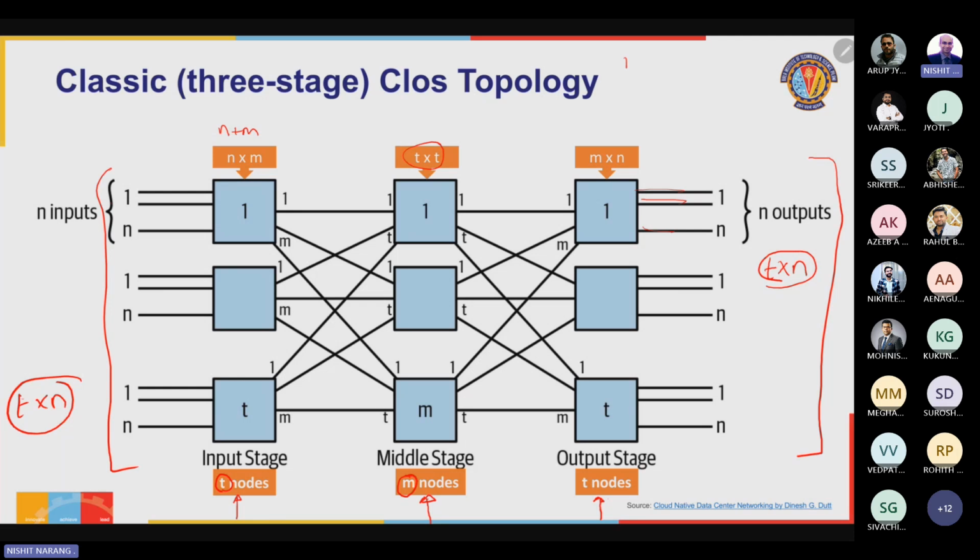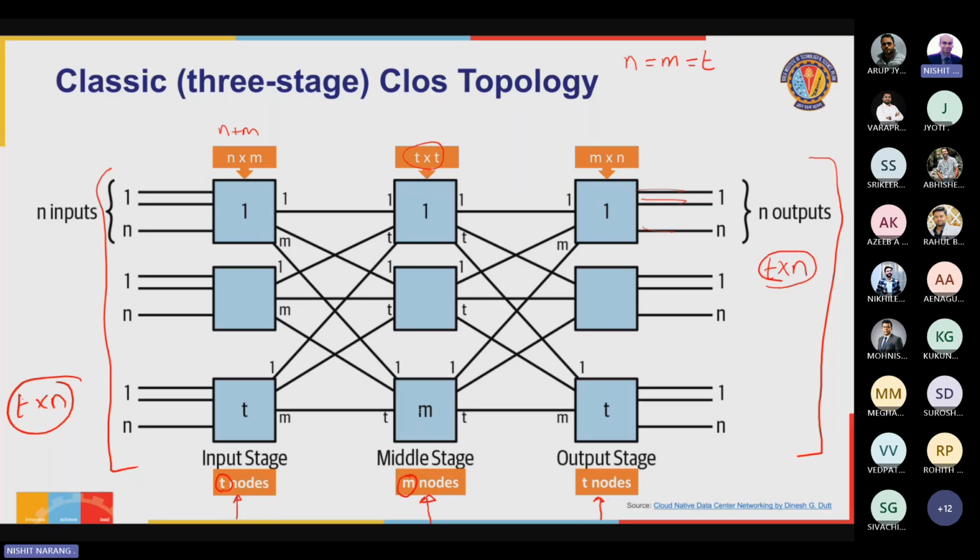What I can always do is to set N equal to M equal to T, in which case I'm saying, okay, I have sufficient paths in the network to always have the maximum number of T cross N simultaneous calls ongoing. But because telephony networks are seldom 100% utilized, it's not that all of the T cross N inputs are trying to make calls to T cross N outputs at the same time.